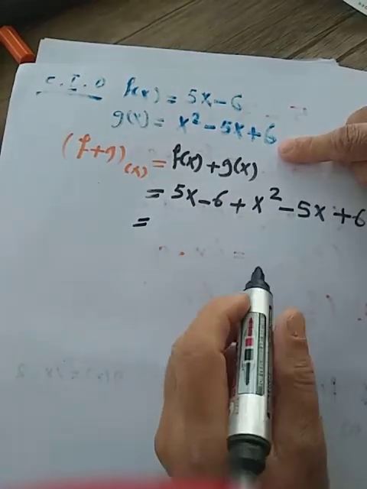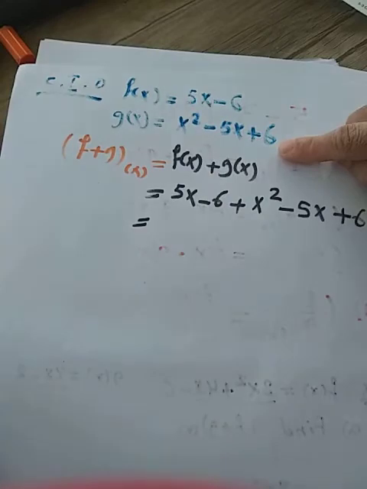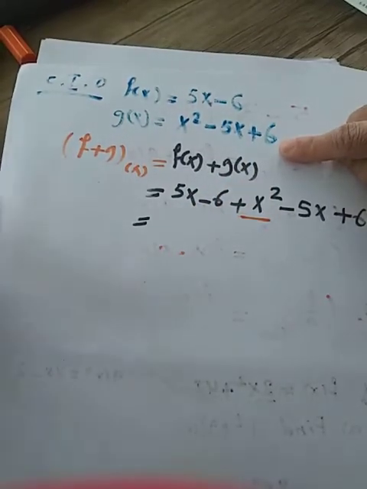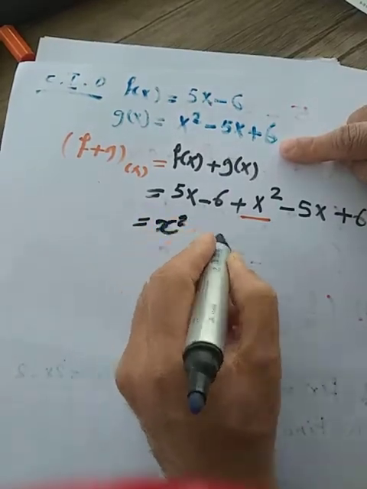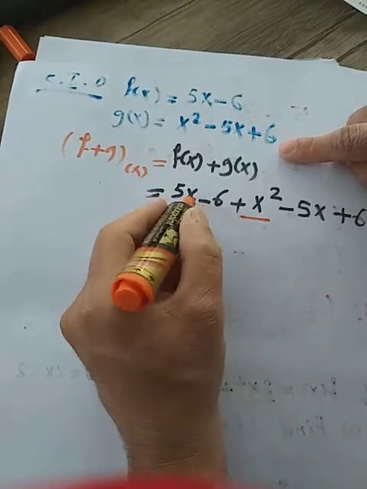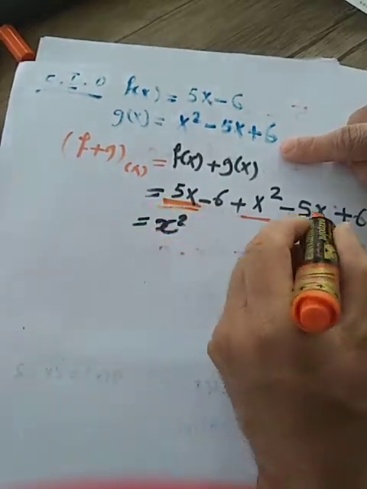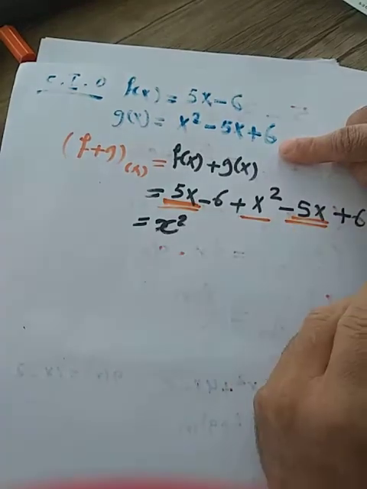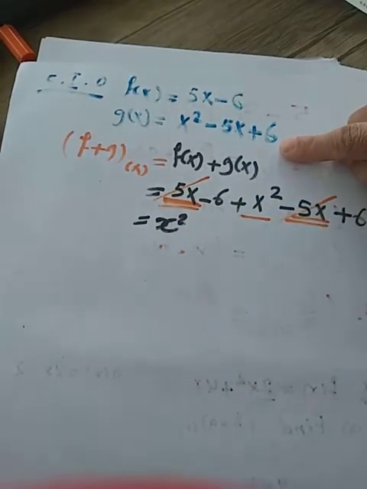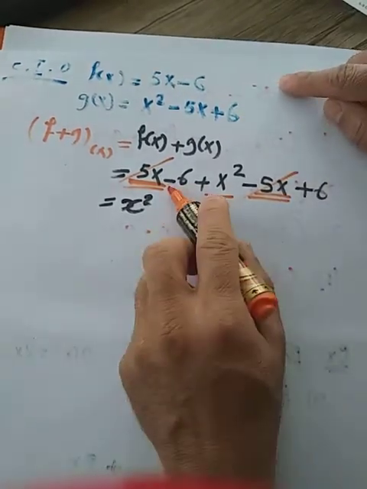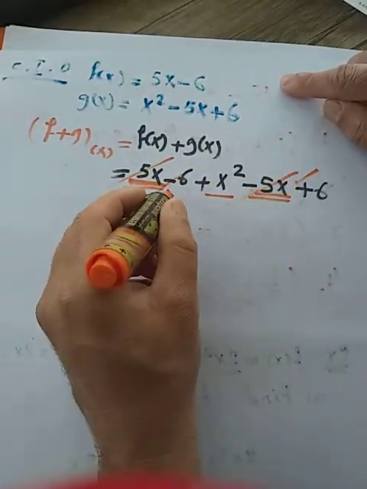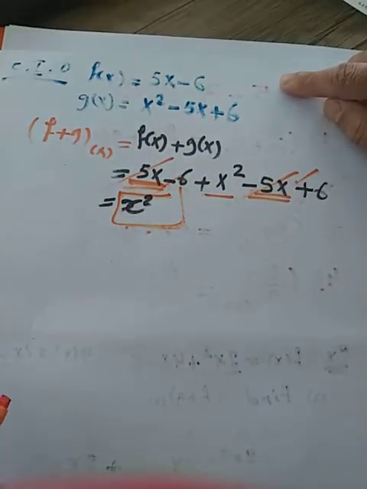Look for like terms. The highest power is 2. Do you have another x squared? No, write it down. Do you have x? Yes, this is a term of x, and this is a term of x. 5x minus 5x is 0. Minus 6 plus 6 is 0. This is the answer.